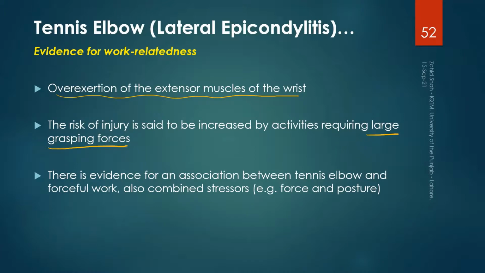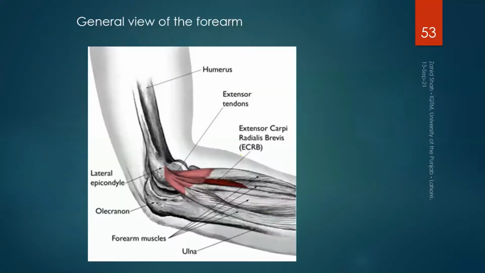Apart from applying extensive force, the force of extension, as opposed to flexion, and large grasping force can also cause epicondylitis. There is evidence for an association between tennis elbow and forceful work, also combined stressors, that is force and posture.